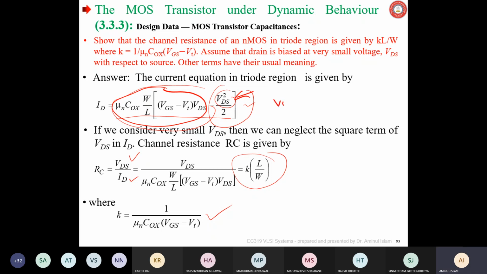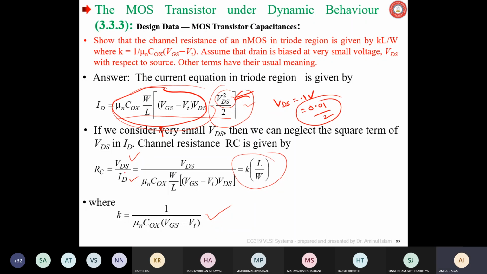Suppose VDS equals 0.1 volt. If you square it, it is 0.01 volt, and dividing by 2 reduces it further. So that can be neglected compared to the other part of the equation, and hence ID remains up to this much only.